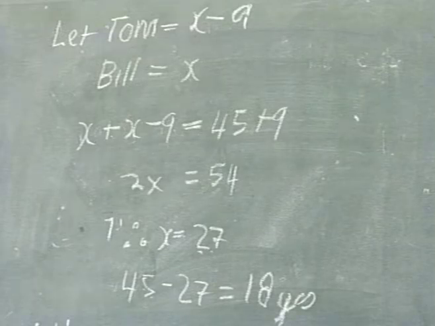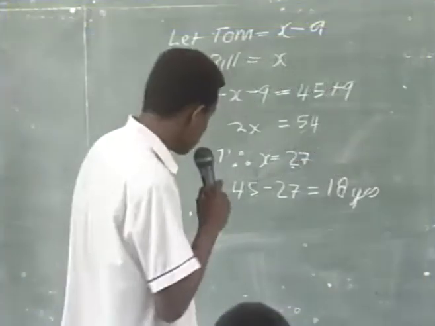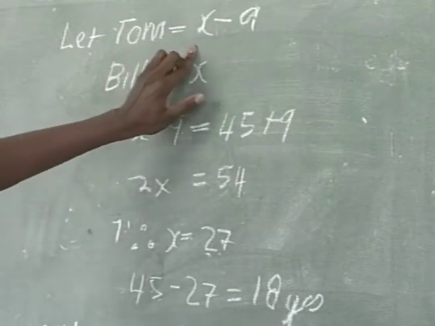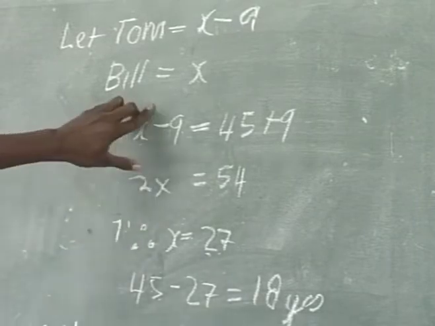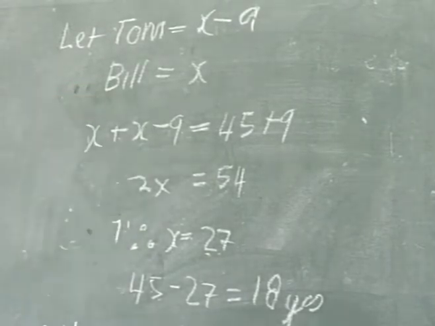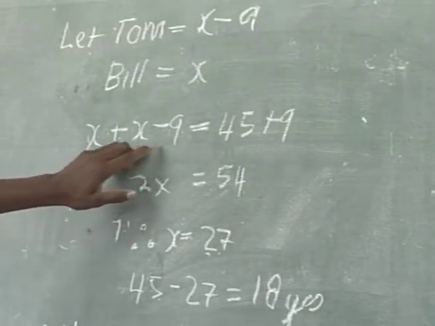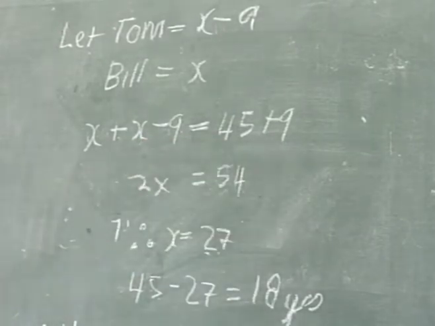The question reads, Tom is 9 years younger than Bill, and the sum of the ages is 54 years. How old is Tom? First, we let Bill's age be x and Tom's age x minus 9. Write the equation x plus x minus 9 equals 54.